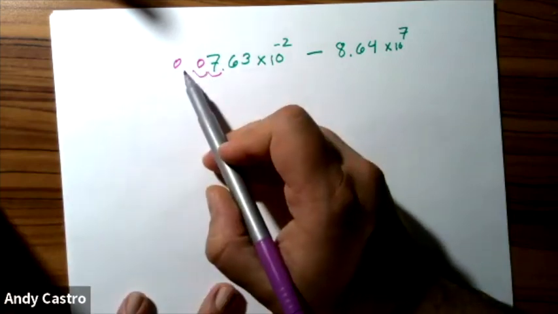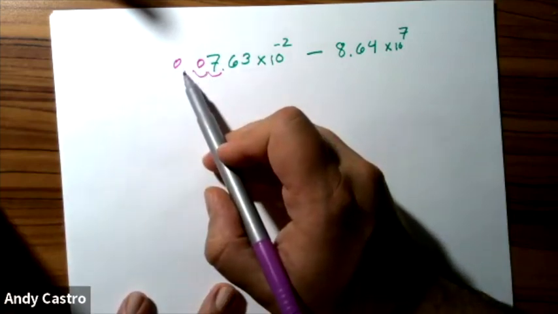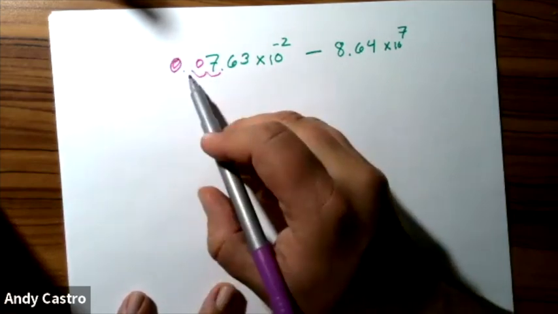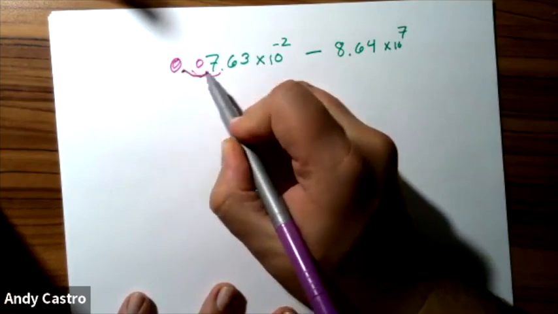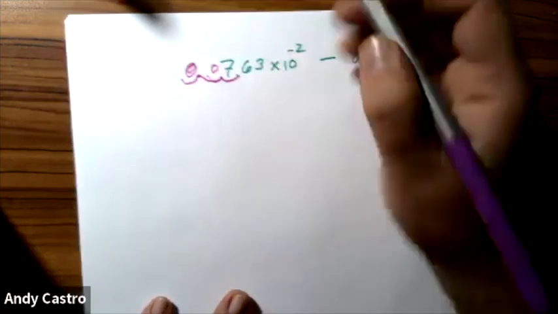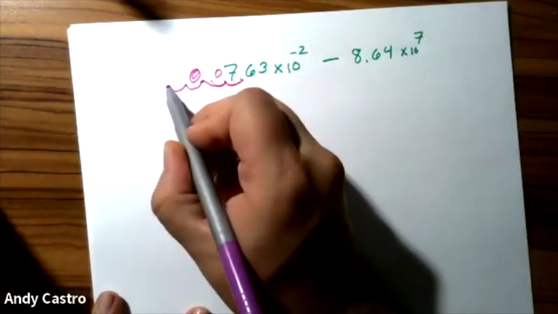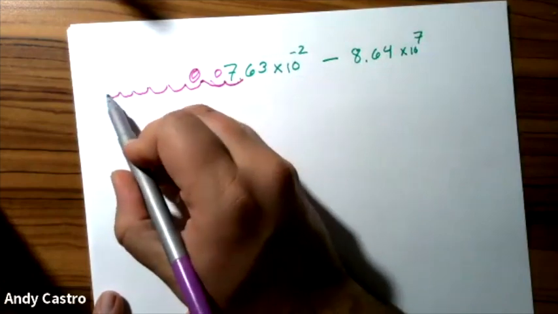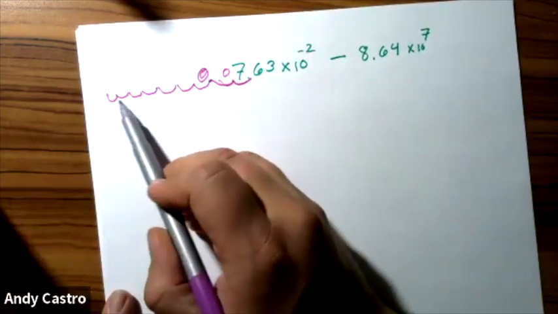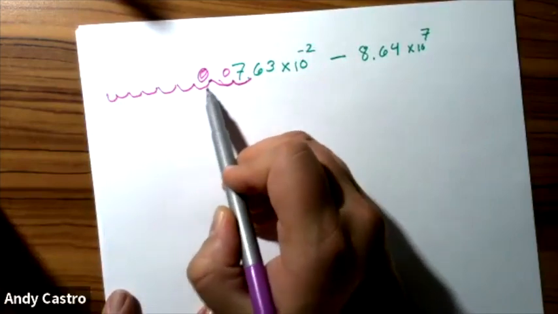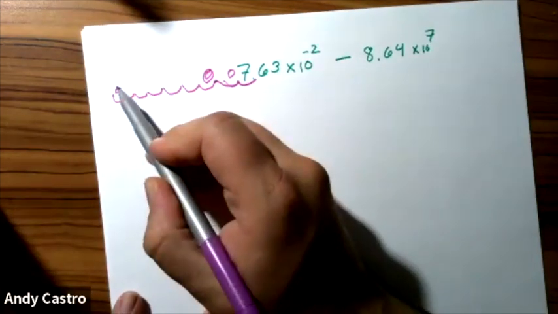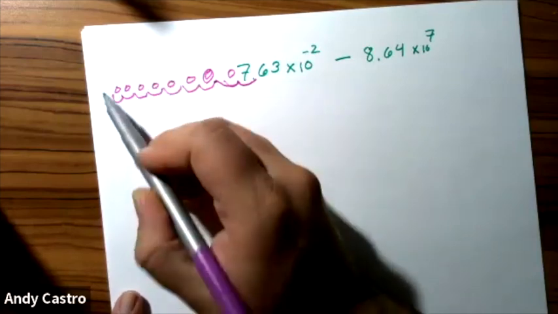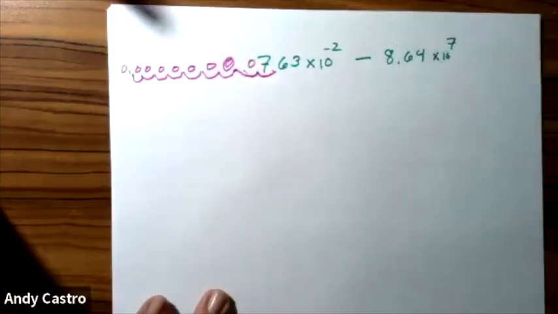So if I manipulate this, I need to move from this spot over 7. 1, 2, 3, 4, 5, 6, 7. Good.